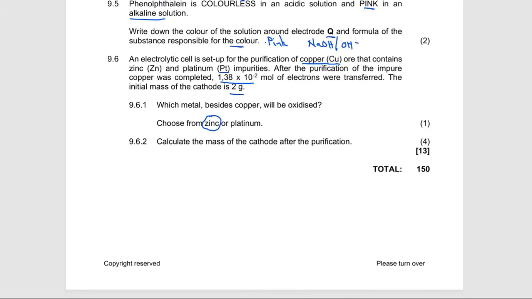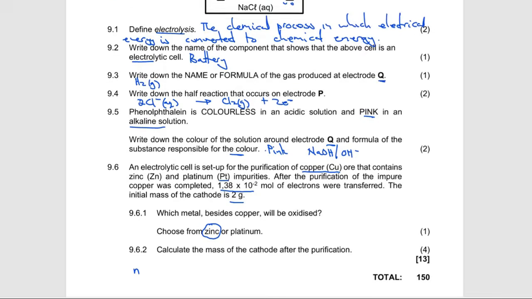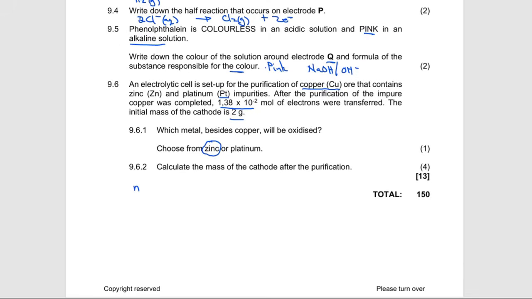Therefore, then to proceed there, it says calculate the mass of the cathode after the purification, right? So in terms of this now, we're going to start with the number of moles of Cu, which is our copper.